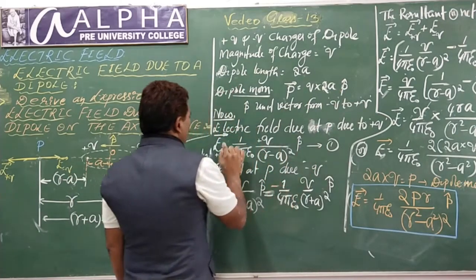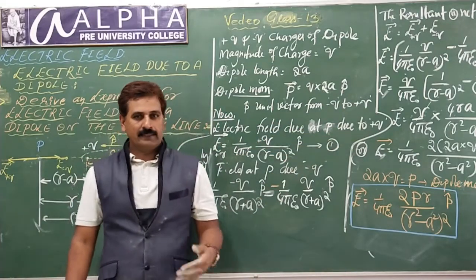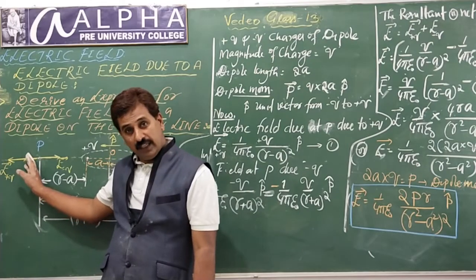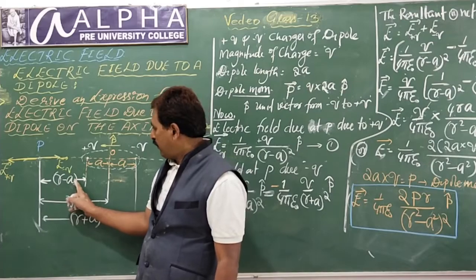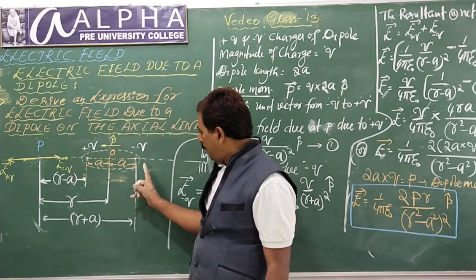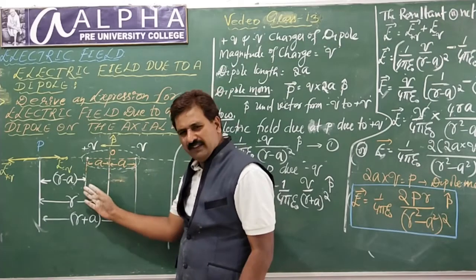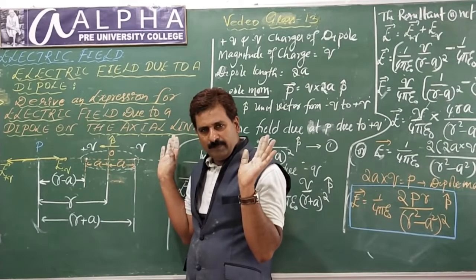Now you find the electric field at P due to plus q. Where is P? On the left side, towards the minus q charge of the dipole. That is at a distance r minus a from plus q, and r plus a from minus q, where r is the distance from the center. Get this diagram by heart.